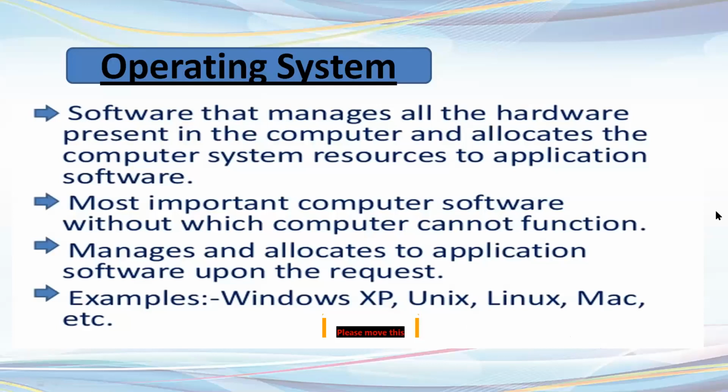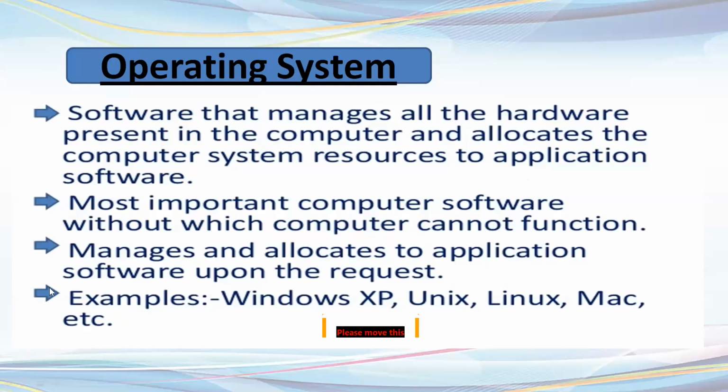We know that being a user, we work with application softwares. That's why it is written that it allocates the computer system resources to application softwares, because the user directly works with the application softwares. For example, you work with Word, Paint, Excel, and when typing, the operating system has to make the keyboard available to you.